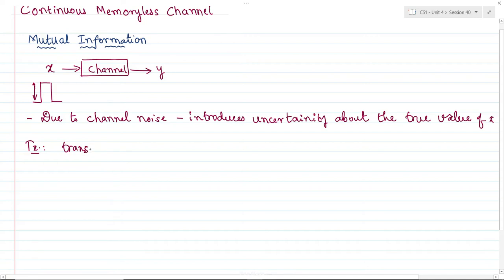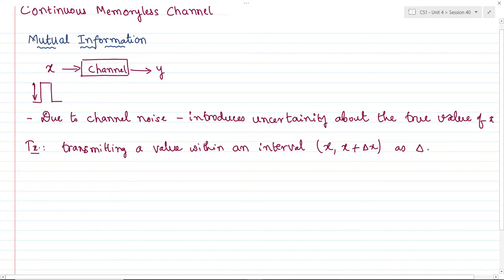Since it's a continuous range of values, let's assume it is transmitting a value within an interval, x to x plus delta x, where delta x tends to 0. For a very small interval, we pick one random value, and we assume that is the value transmitted by the transmitter.